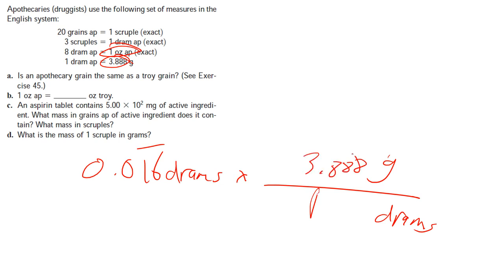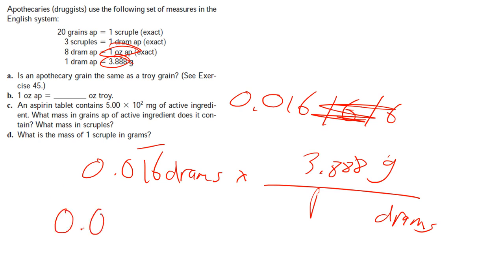So it should be 0.016 times 3.888, and you get a value of 0.062208 grams, and this is equal to 1 AP grain.